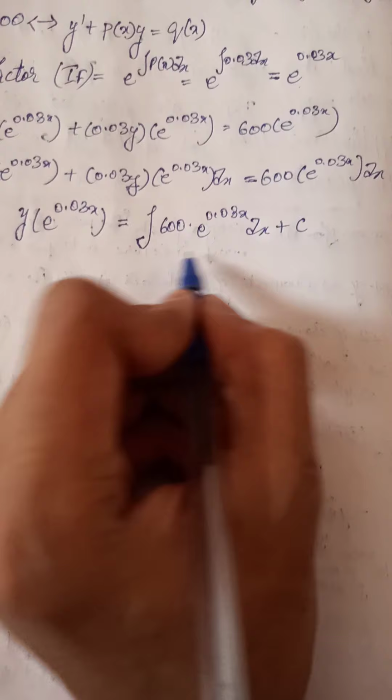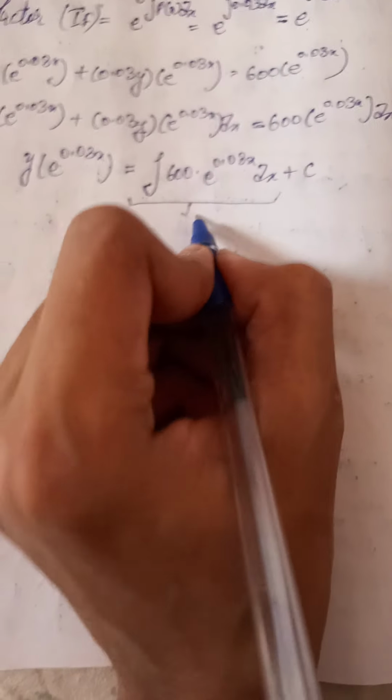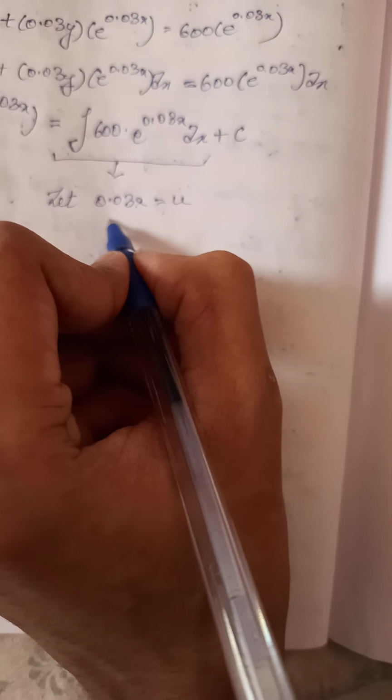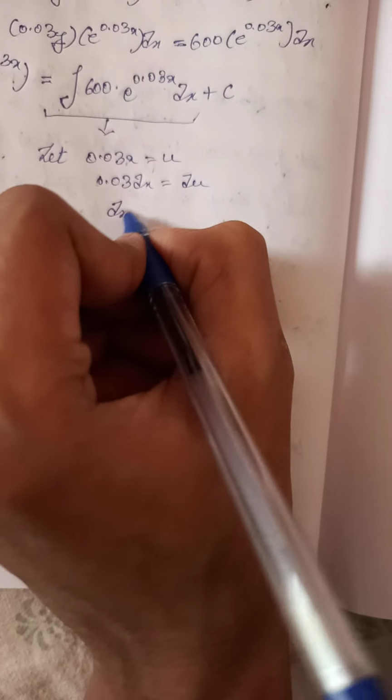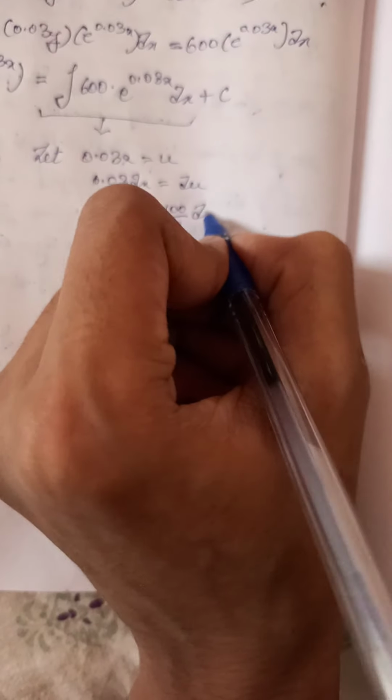So now in order to solve this, let 0.03x equal u, 0.03 dx equals du, which implies dx equals 100/3 du.